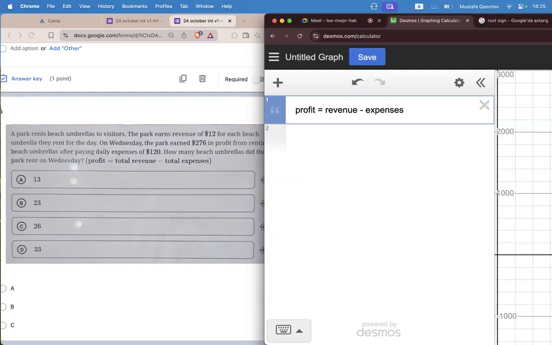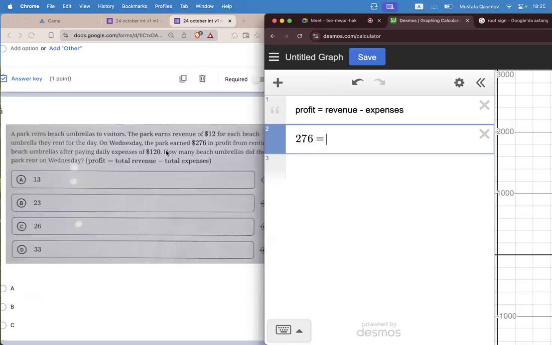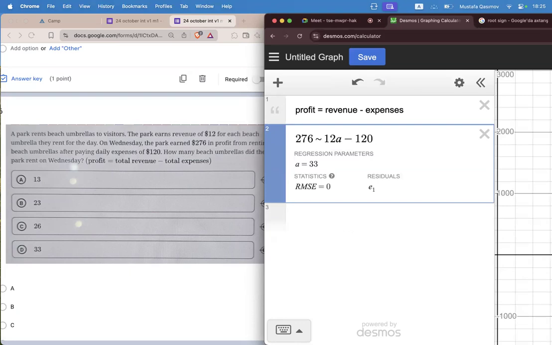On Wednesday, the park earned, okay, we have profit 276. It is equal to revenue, we don't know revenue. Let's write R minus. No, we know revenue, actually 12 multiplied by the number of units, 12A, minus 120. Then we have to look for A, and the answer is 33.